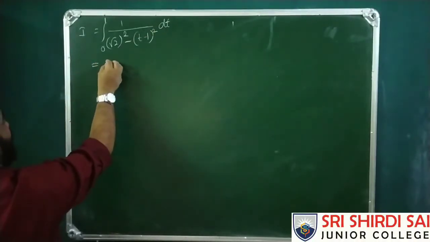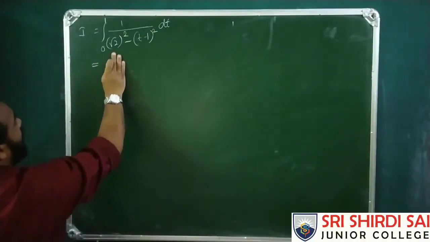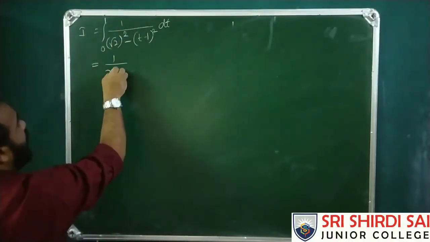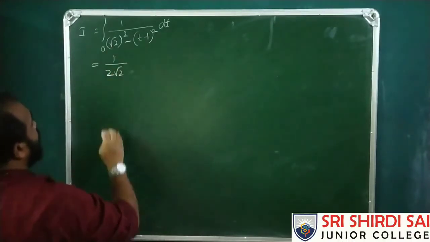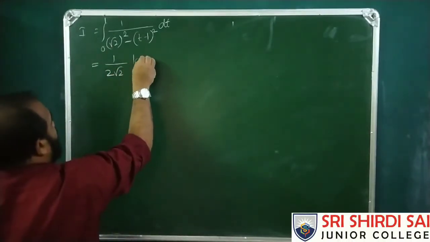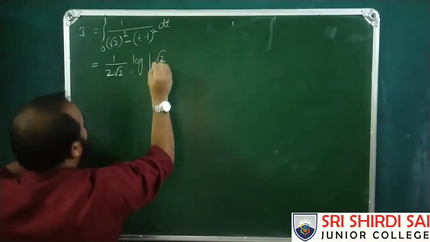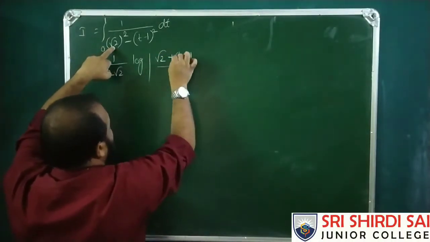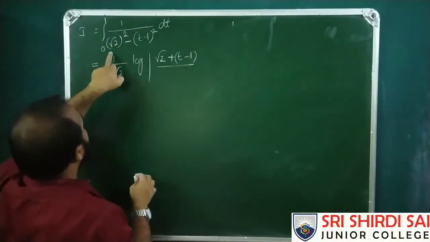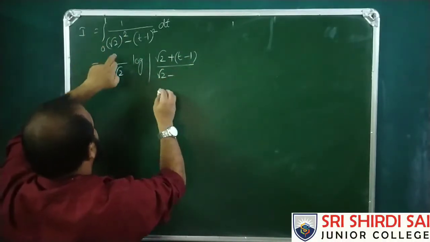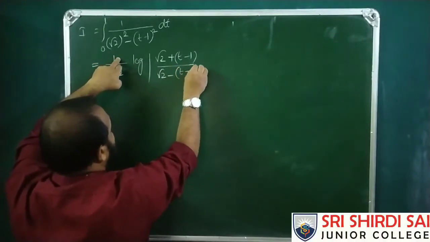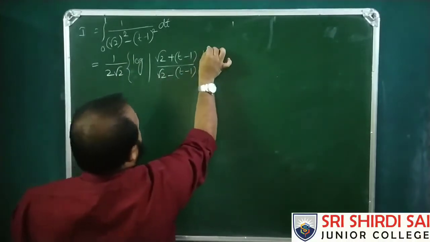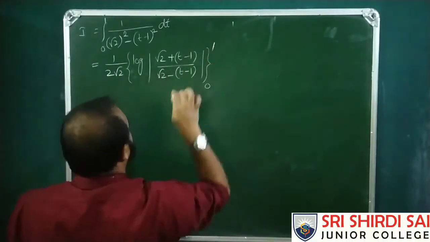So this is equal to integral 1 by a square minus x square. 1 by 2, a is root 2, log of root 2 plus t minus 1 by root 2 minus of t minus 1. So since the process is over, 0 to 1 is to be written here.